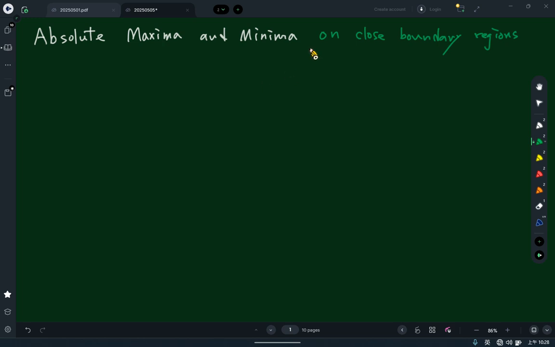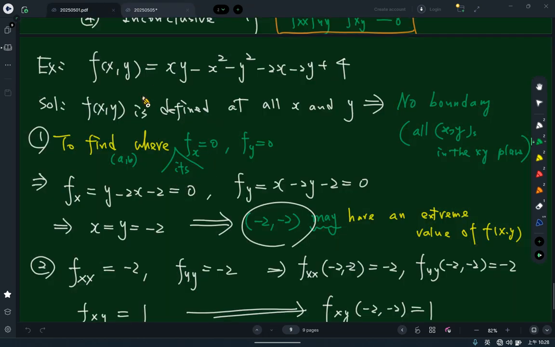So what is a cross boundary region? Did you also notice that in this case, all of the xy plane, any point on the xy plane, belongs to the domain for this function? So this is not a cross boundary region.